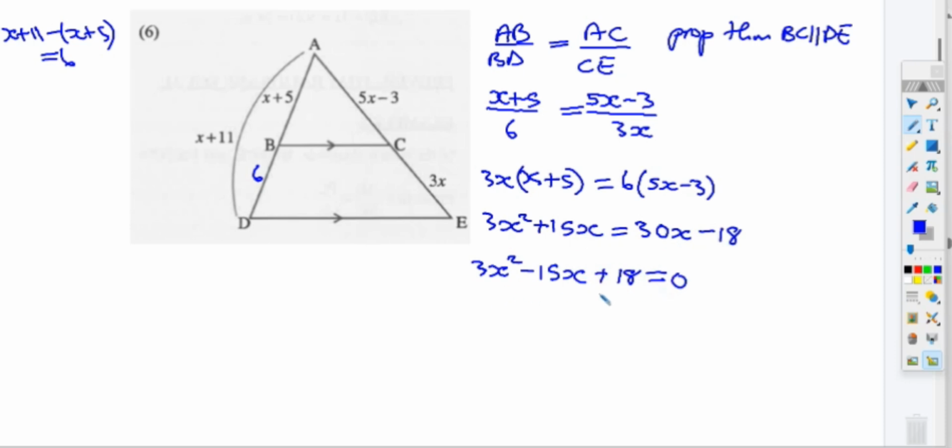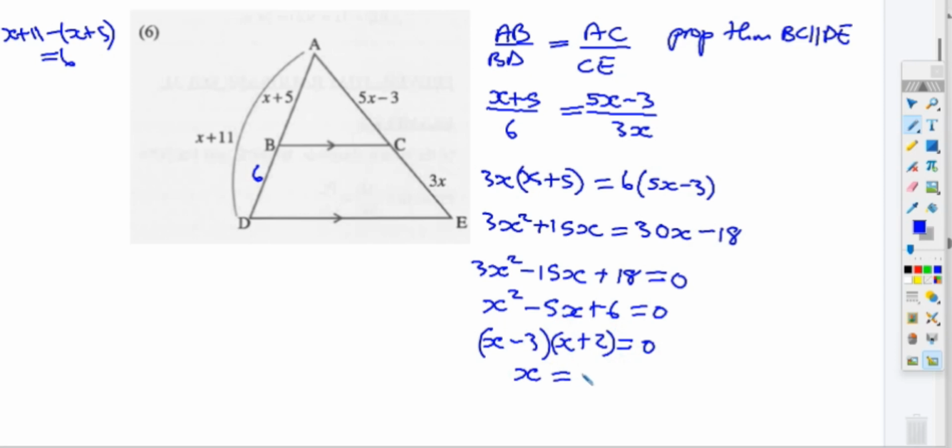We can divide through by 3 here, common factor there, so we're left with x squared minus 5x plus 6 is equal to 0. We can use factorization here. This should be x plus 3 and 2, x minus 3 and x plus 2, that is equal to 0. So your x here is going to be equal to 3, or your x is equal to 2.